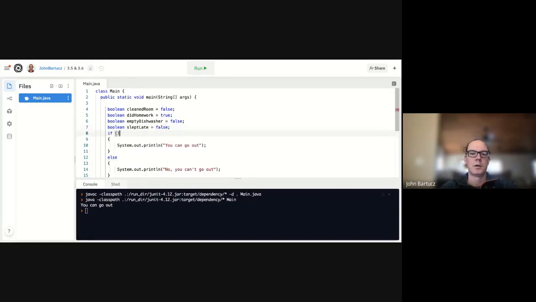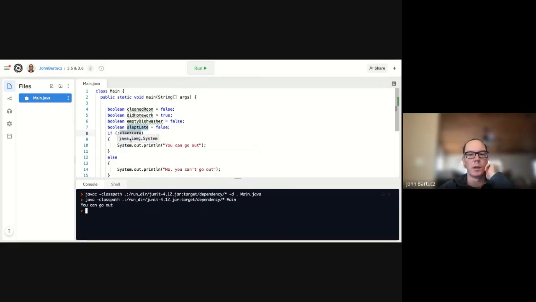So if you did not sleep late, then you can go out. So what you do is you put an exclamation mark in front of it, and that means not. Whatever this is, the not takes the opposite of that. So it's going to say you can go out because slept late is false and not slept late means true.